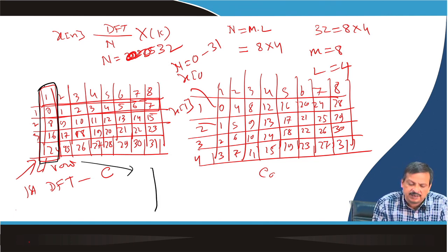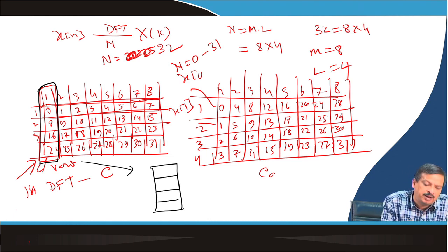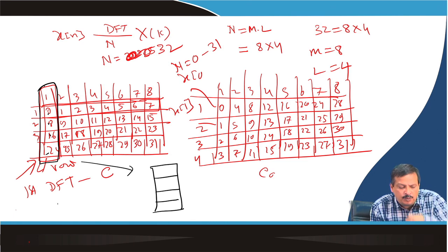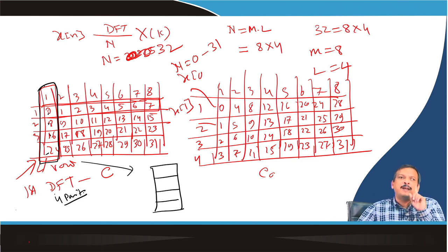After computing the DFT, I will store it in the same column, 1, 2, 3, 4. So I access those samples, that means the 0th sample, 8th sample, 16th sample, 24th sample, and compute the 4-point DFT. That is the first step.